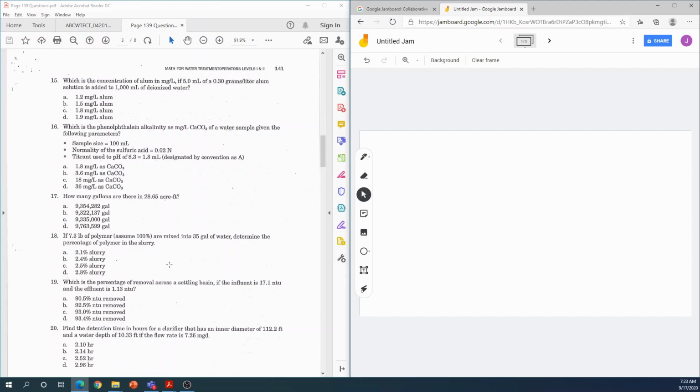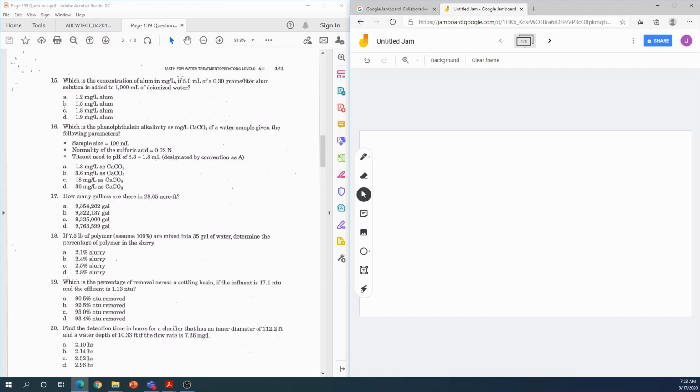All right, let's take a look at problem number 15. Which is the concentration of aluminum in milligrams per liter if 5 milliliters of a 0.3 grams per liter aluminum solution is added to 1,000 milliliters of deionized water? Okay, so let's start with what we know.